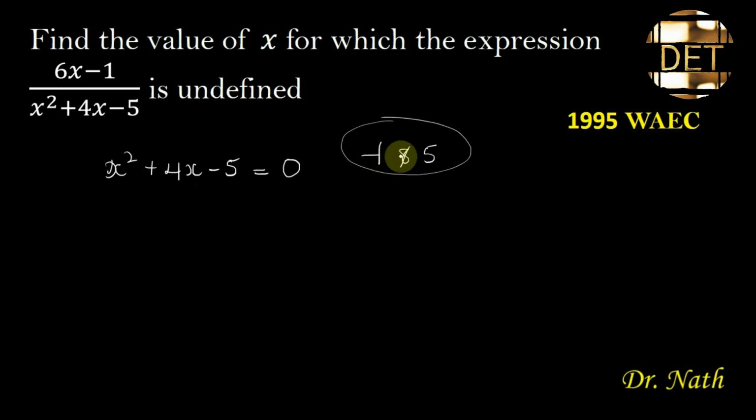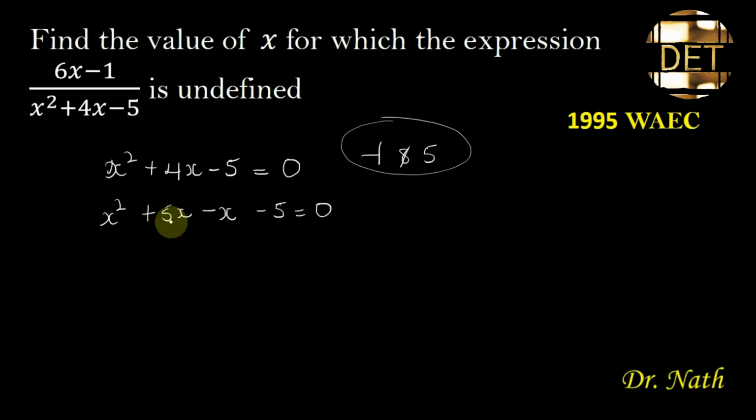So instead of writing 4x here, I will replace this 4x with these values. My expression now will be x squared plus 5x minus x minus 5 is equal to 0.